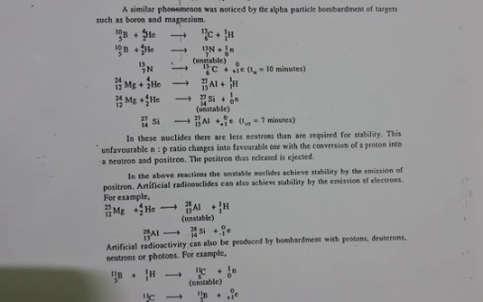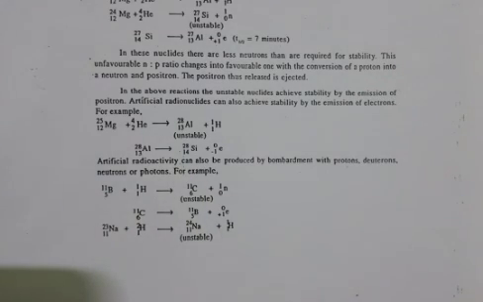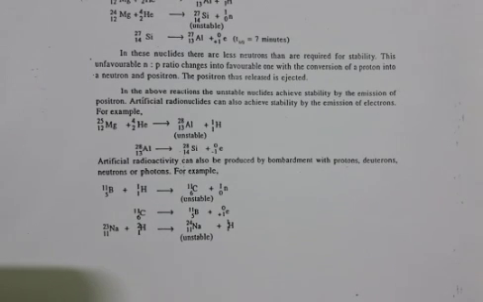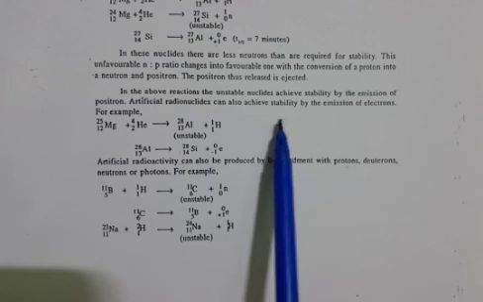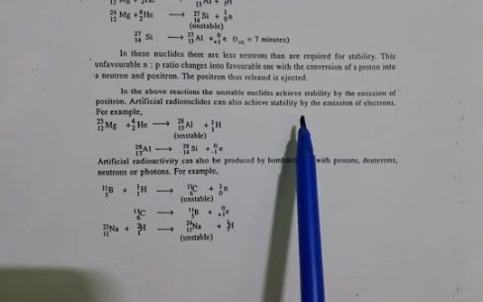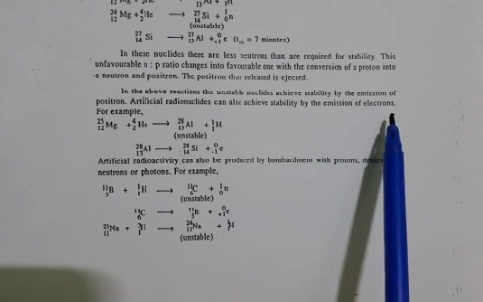So in the above examples or reactions, the unstable nuclides achieve stability by the emission of a positron. The artificial nuclides can also achieve stability by the emission of electrons.